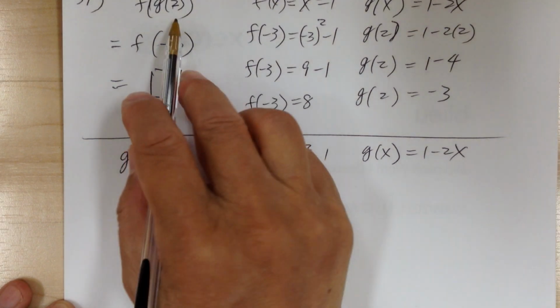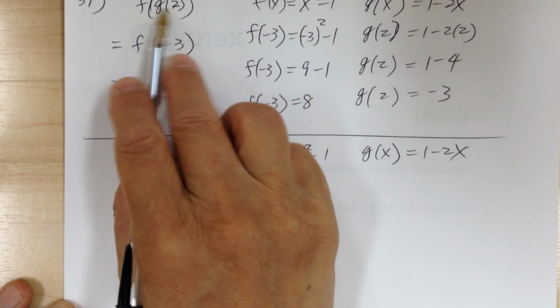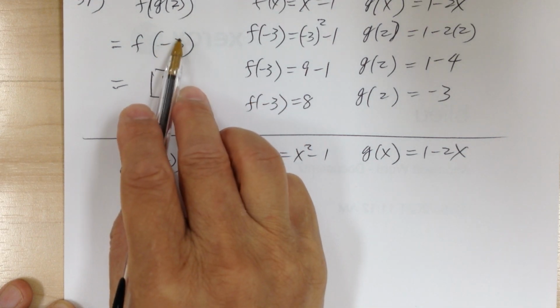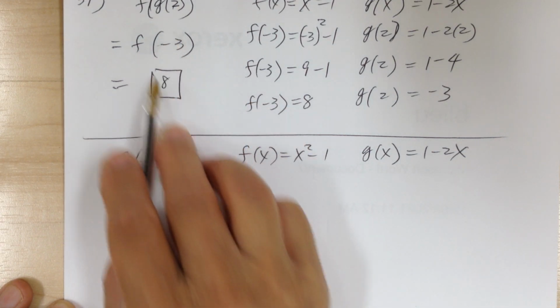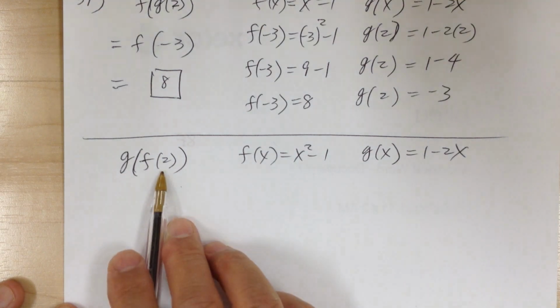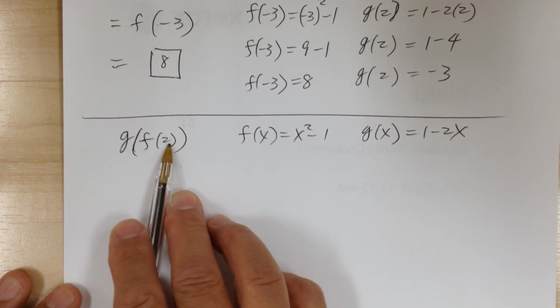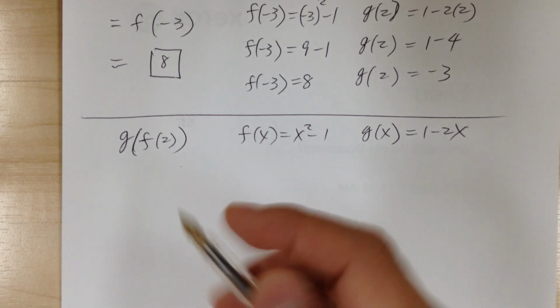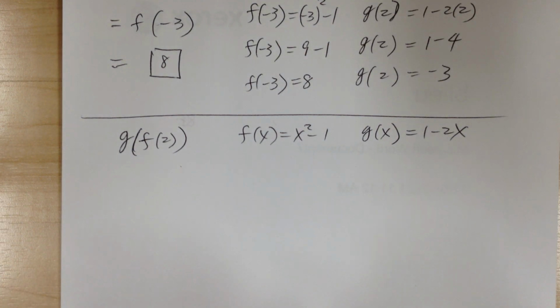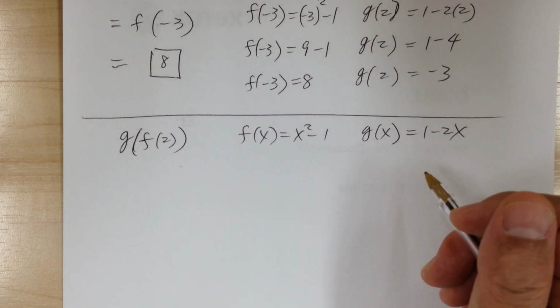This is like when you put clothes in the washing machine first, and after that you put them in the dryer. This is like you do the opposite. You put the laundry in the dryer first, then after you use the washing machine. So you can see the results are going to come out different, right? So when you reverse the order, the results are going to come out different, or most of the time.